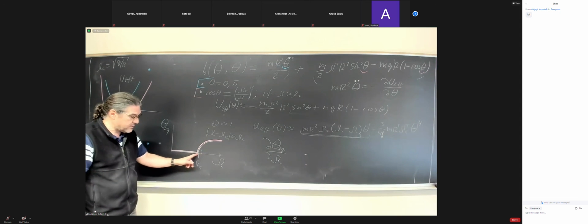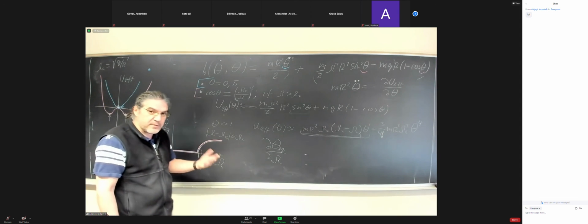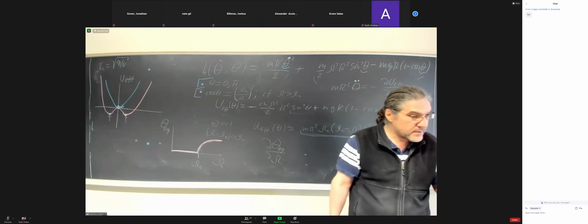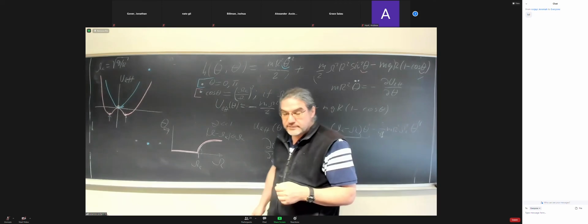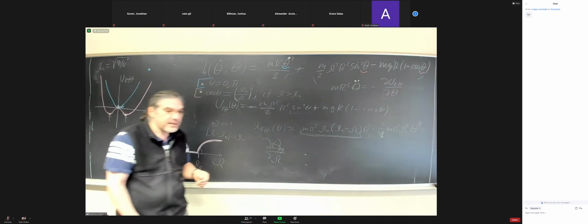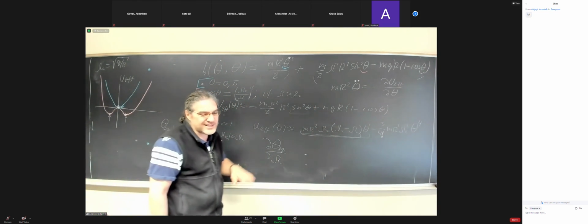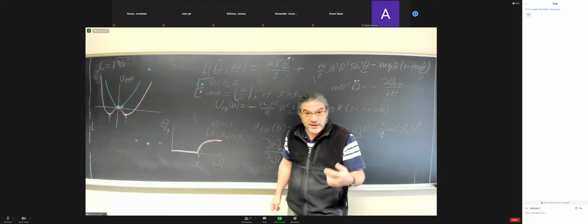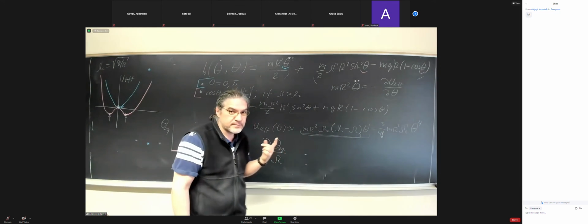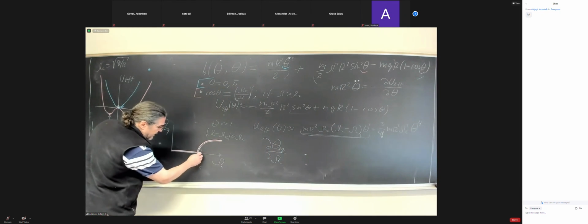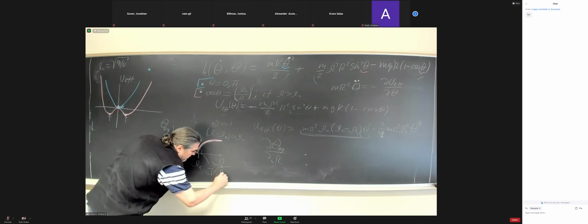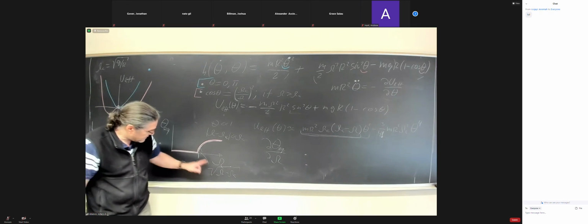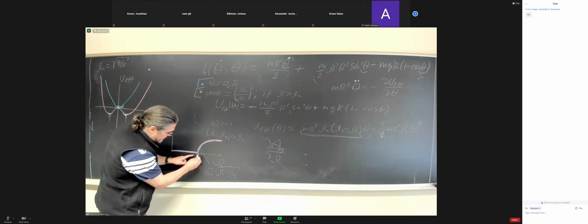But this is a square root. What happens if I take the derivative of a square root? You get one half, and the root goes to the denominator. I get 1 over square root. Let's forget about numbers. Yes, there is a factor of 2, of course, here. So this behavior is square root of omega minus omega critical. On this side it's 0, here it's a square root.